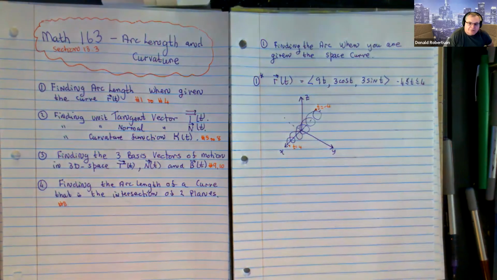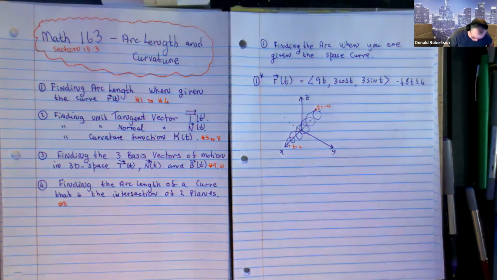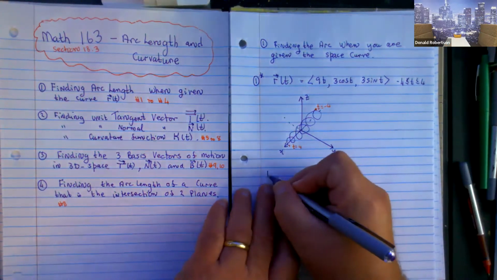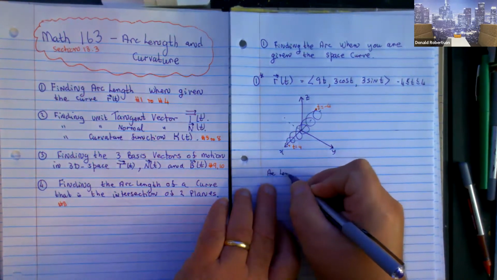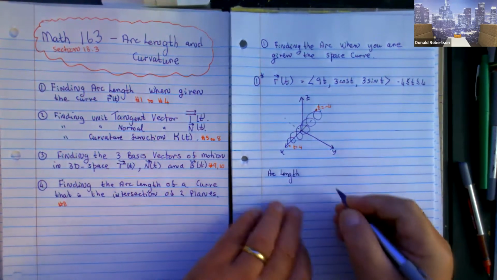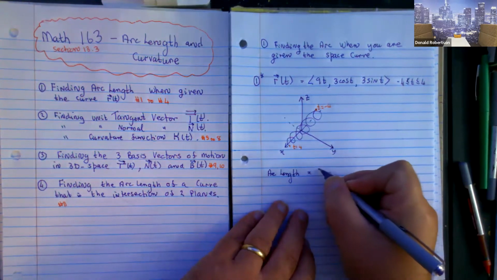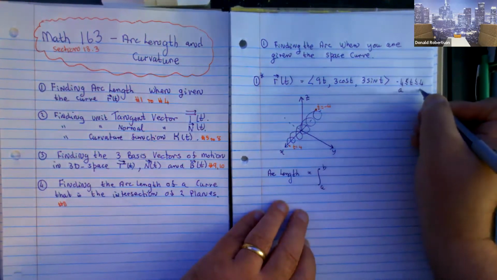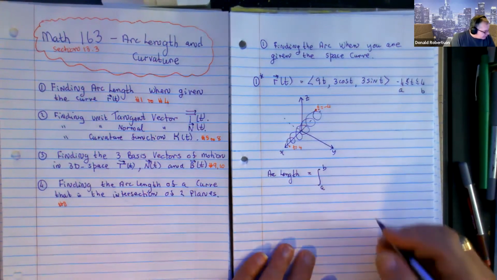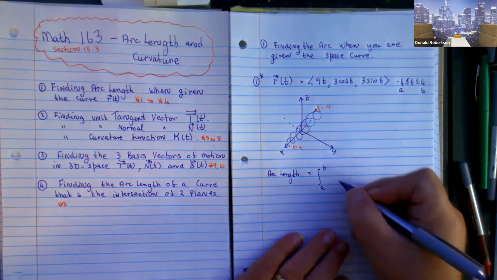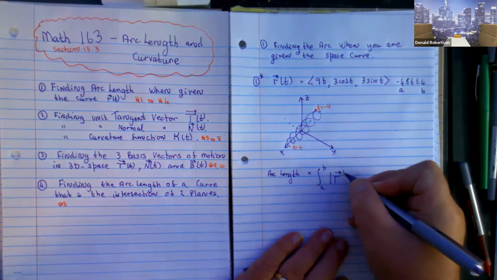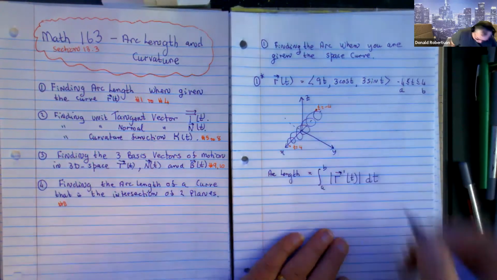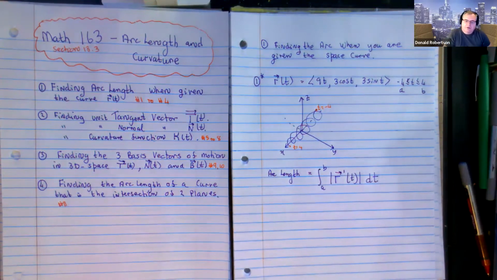Now, the application of this involves using a formula. The formula says that the arc length can be found by finding this integral. It's the integral from a to b, where a is the value at the start, and b is the value at the end, of the magnitude of the first derivative.